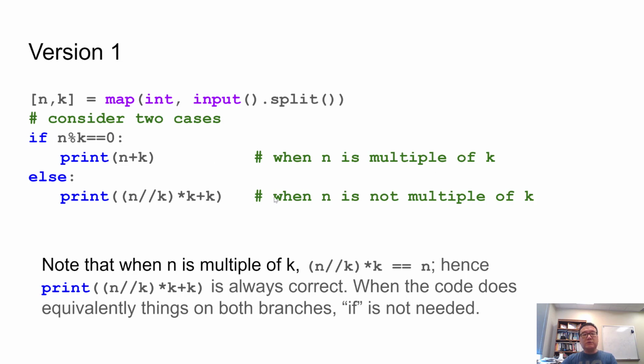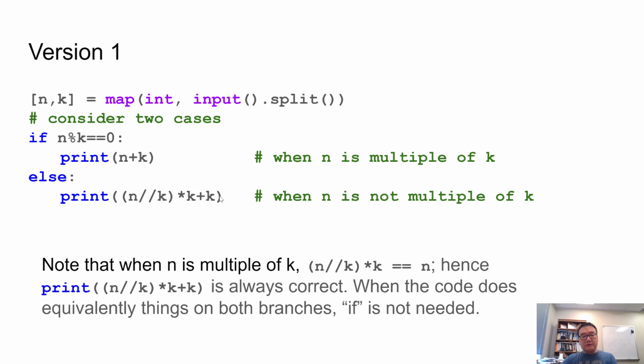And the other case is when n is not a multiple of k, we need to get some multiple of k. And one natural way to do that is we divide n by k, then multiply by k. And this will give an integer multiple of k, but is less than or equal to n. So you need to add the k to it. So this is one way to do it. It's correct.